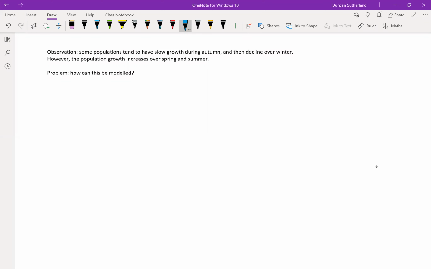So there's a few things we need to note before we can start constructing our mathematical model. Populations tend to grow proportionate to themselves.